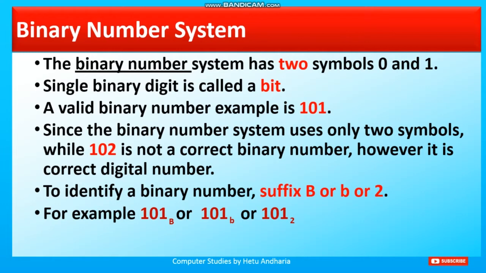So a suffix is used. Here you can see small b is written as a subscript. Or you can also write capital B, small b, or since the base of the binary number system is 2, even 2 can be written as a suffix.